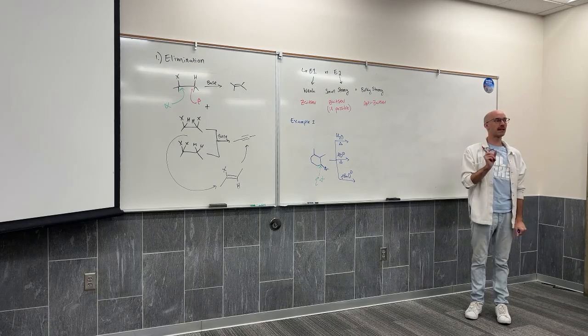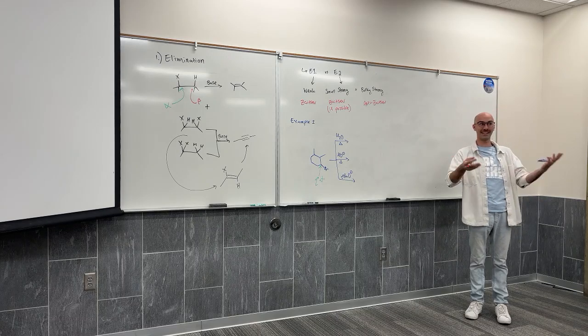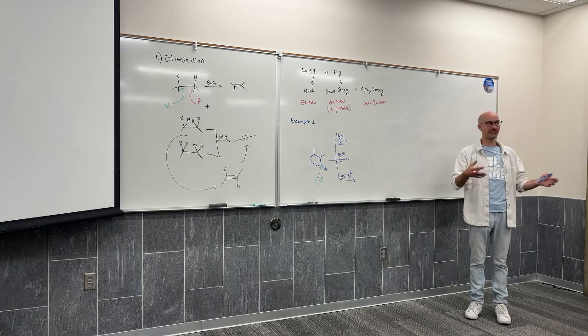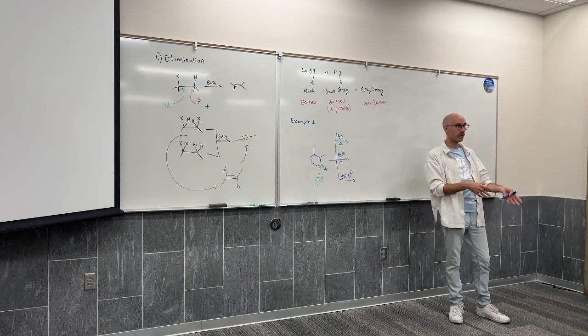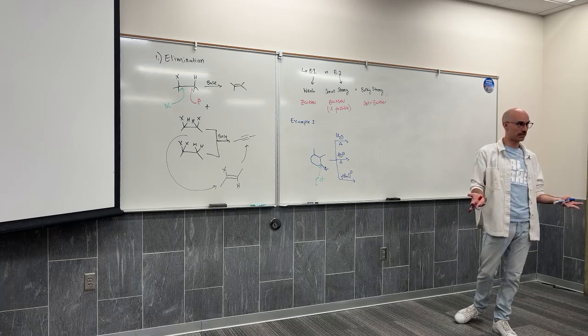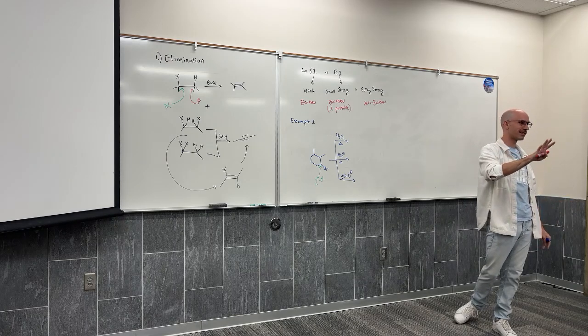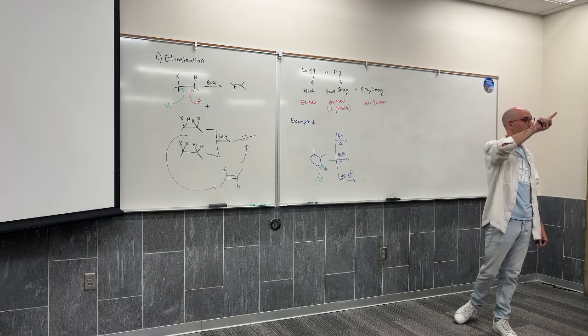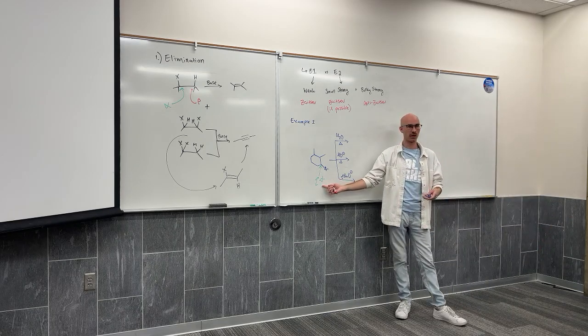How many beta positions are in this molecule? If it's a secondary alpha, then there are 2 beta positions. Primary alpha has 1 beta position. Tertiary alpha has 3 beta positions. The number of beta positions is equal to the substitution of your alpha carbon.